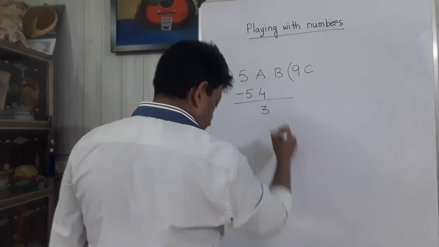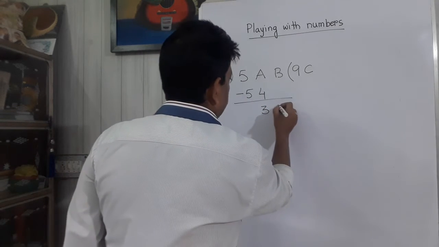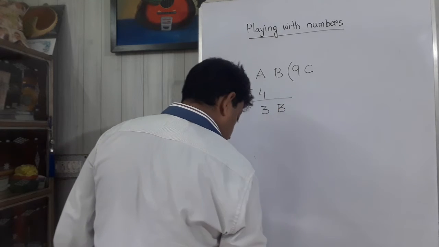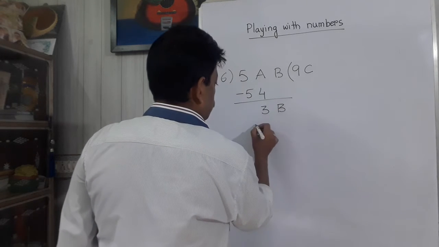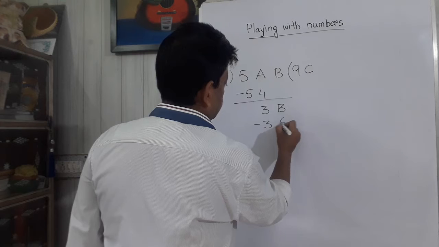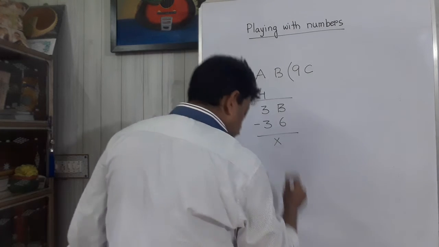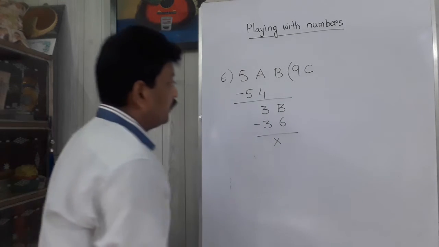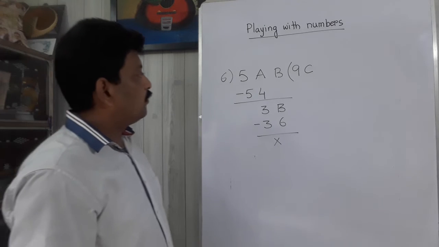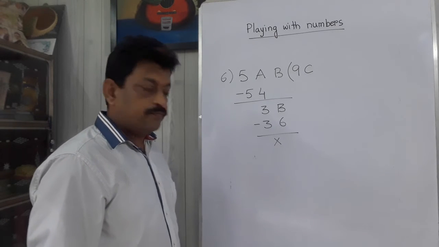Then we will get 3 and B here, so minus 3, 6. We will get the result as 0. We have to find what A is and what B is.